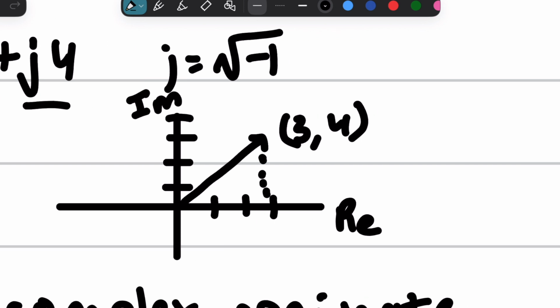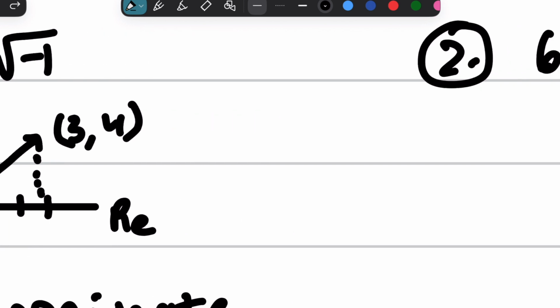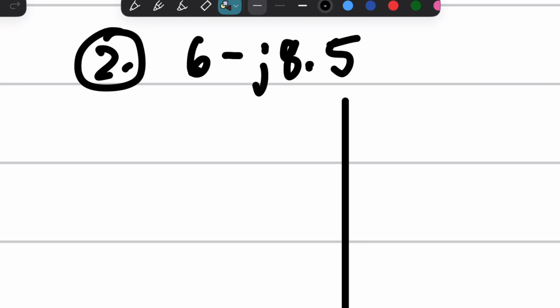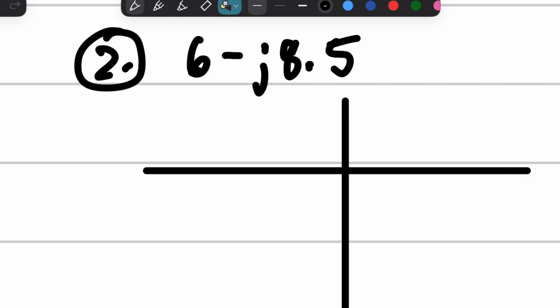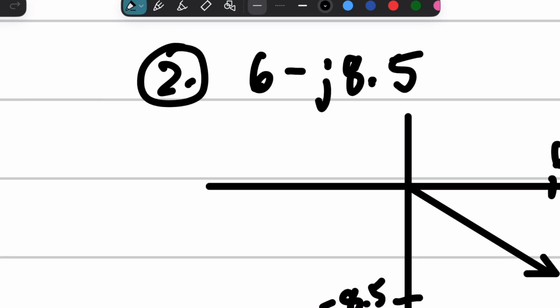And then the circle idea comes in when you can go around it, but we'll talk about that in a little bit. And right here, it's the same thing. I'm not going to draw this to scale. We're going to go 6 in the real direction and -8.5 in the imaginary direction. And so our vector is going to look like that. So this is what that complex number represents.